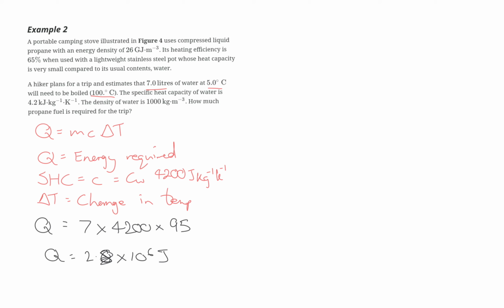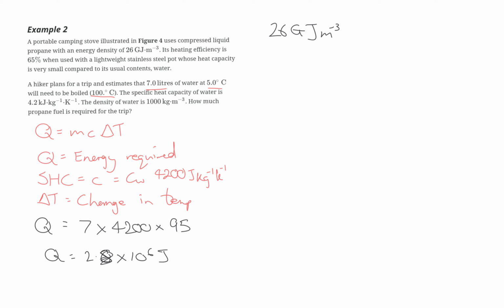It's telling us that 26 gigajoules is given in 1 cubic meter of propane. Now, when we actually consider the efficiency, we know that only 65% of that energy is getting through.